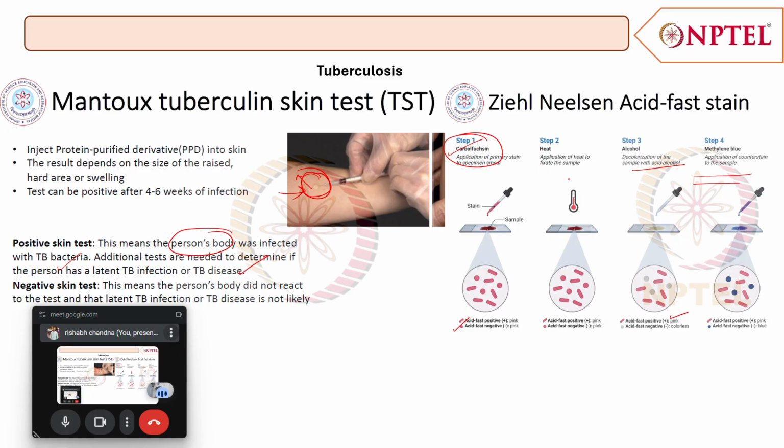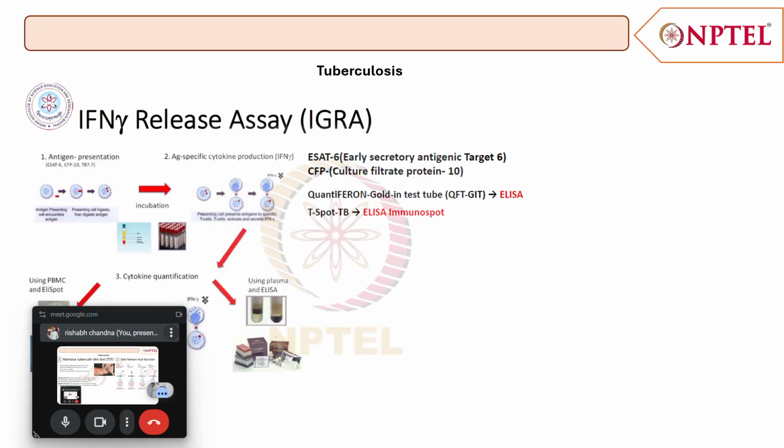Okay, so this is how the Ziehl-Neelsen acid fast stain reaction works, and we can detect the presence of mycobacterium in a serum sample.